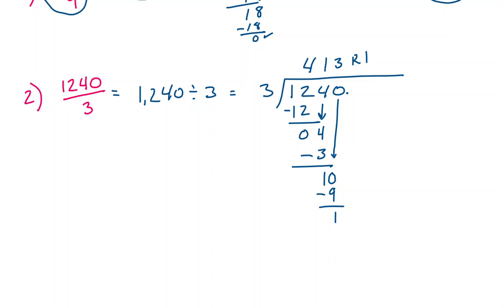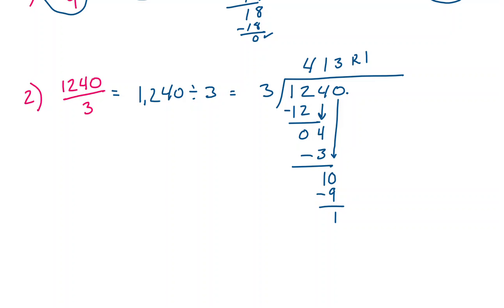Okay, now, so what do we do with this? That's kind of awkward. We are not going to turn this into a fraction yet. So we're just going to observe that there is a remainder. It does not go in evenly.